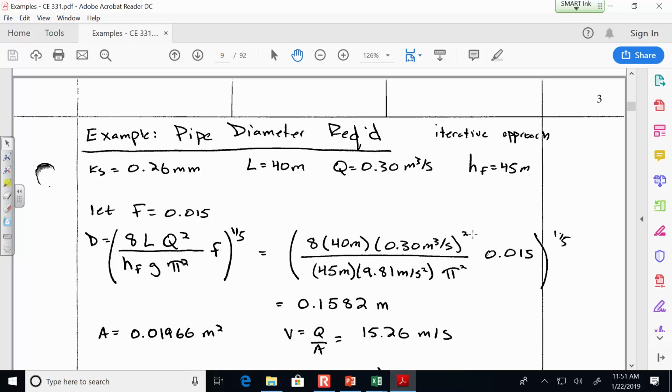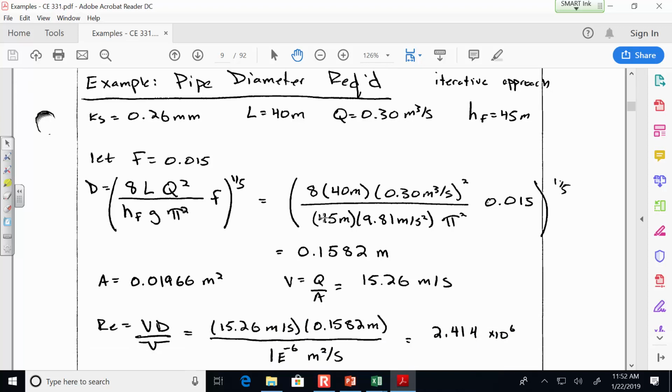And if we know the cross-sectional area, then we can find out what the velocity of flow through the pipe would be. All of these things cascade from the initial guess of the F value. And so if we've got the diameter, the velocity of the water flow, and we know the kinematic viscosity of water, then we can also calculate the Reynolds number. And now with the Reynolds number, we know enough to check: is our guess correct? Do we have the correct F value?